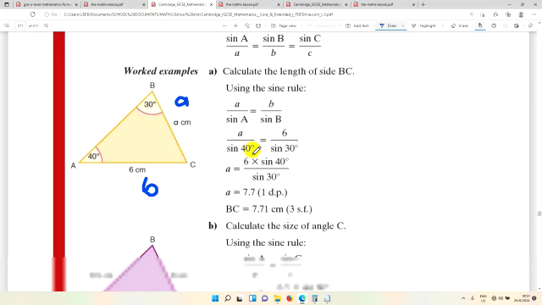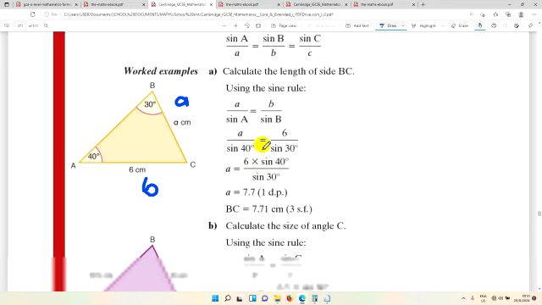Then sine A, the angle there is 40 degrees. And then our b is 6 centimeters. And what is the angle at B? 30. So we have a equals 6 times sine 40 over sine 30.